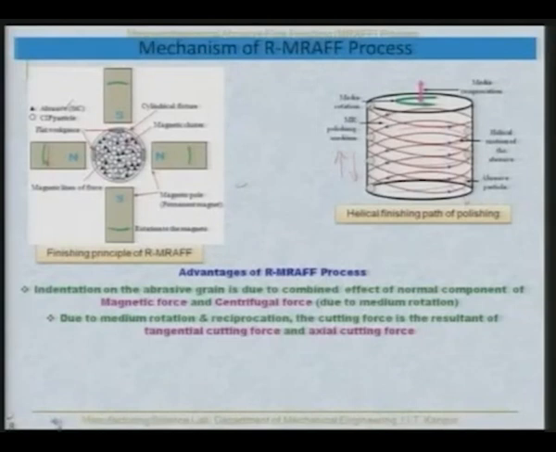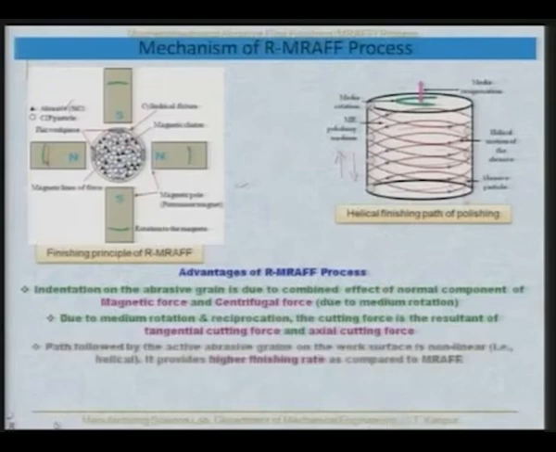Due to medium rotation and reciprocation, the cutting force is the resultant of tangential cutting force and axial cutting force, so the total cutting force also increases. The path followed by the active abrasive grains on the workpiece is non-linear, that is helical. It provides a higher finishing rate as compared to the simple MRAF process.